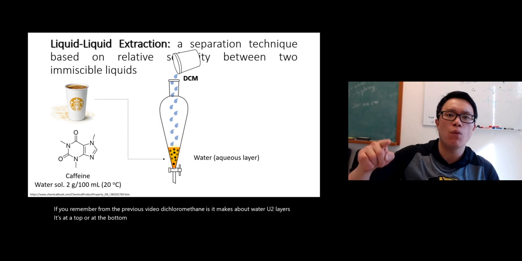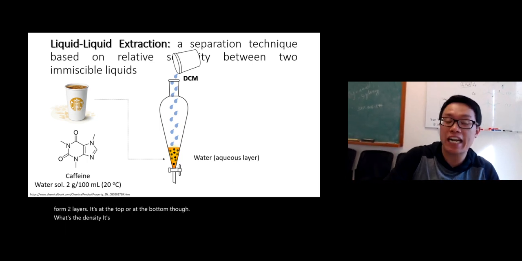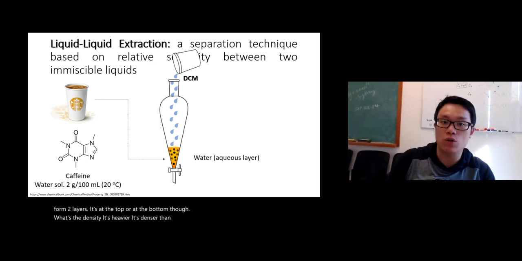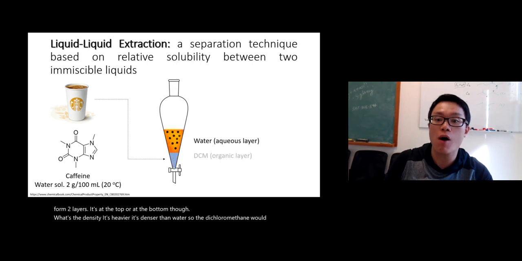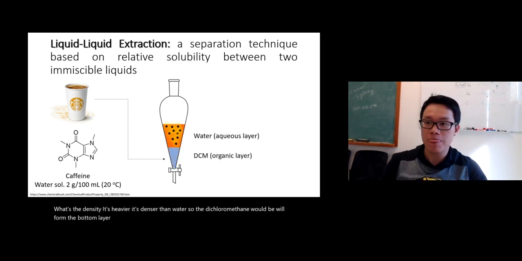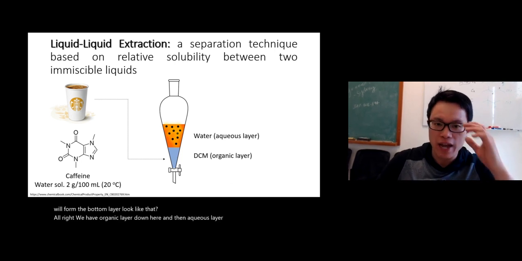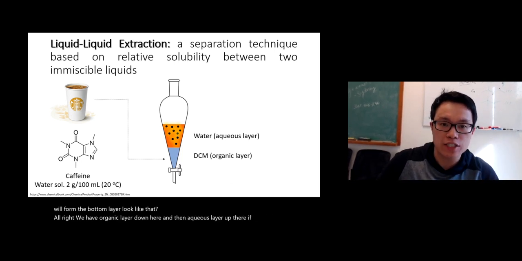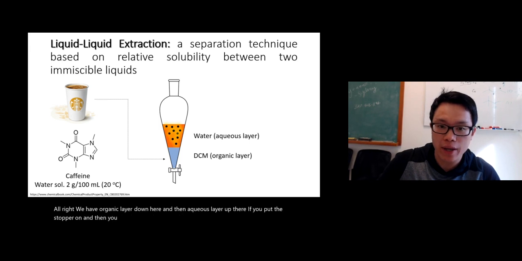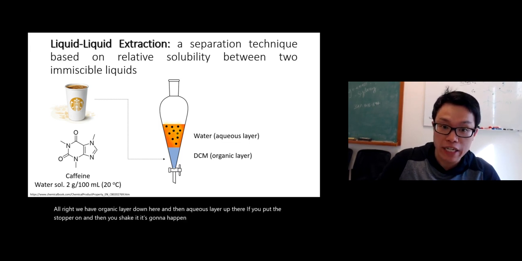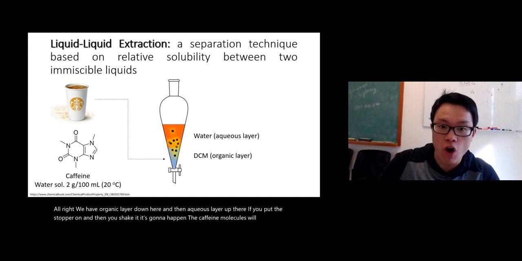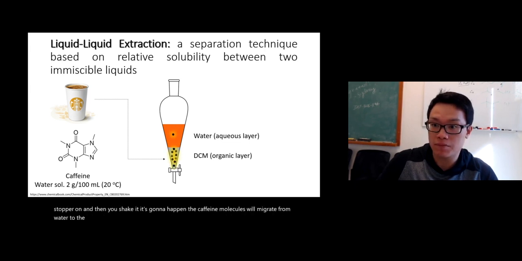It's denser than water, so the dichloromethane will form the bottom layer. We have an organic layer down here and an aqueous layer up there. If you put the stopper on and shake it, the caffeine molecules will migrate from water to the DCM layer.